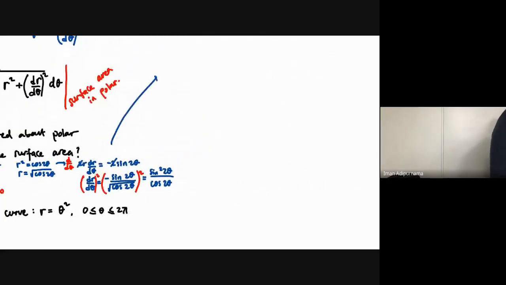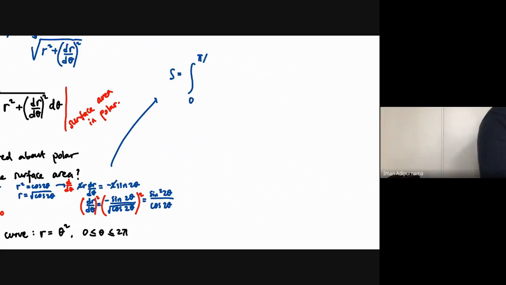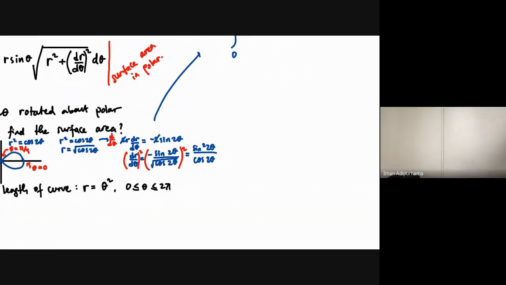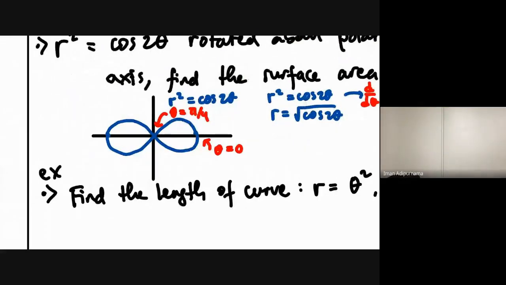Now we get S from 0 to pi over 4. It's actually this to this plus this to this.